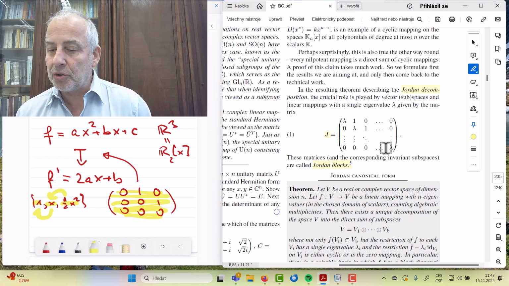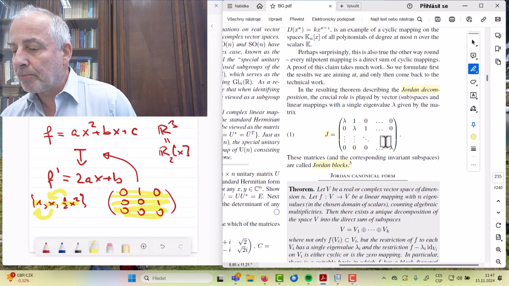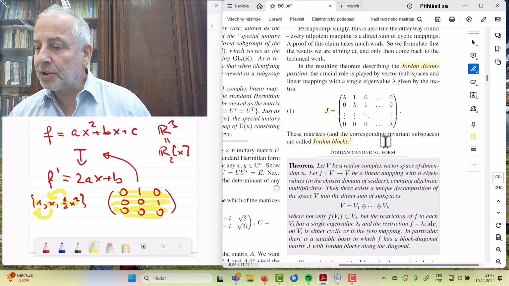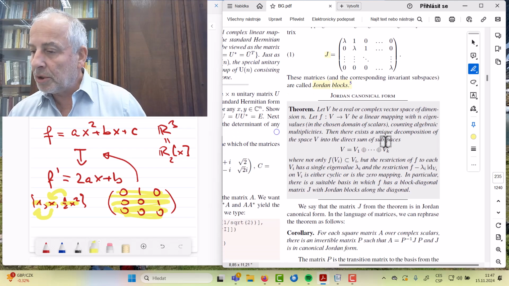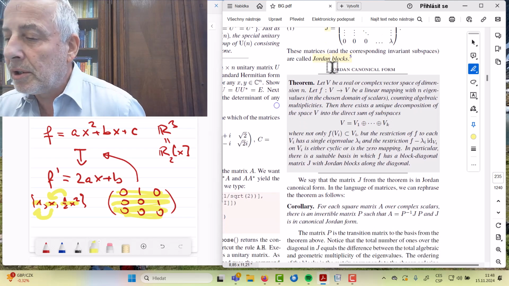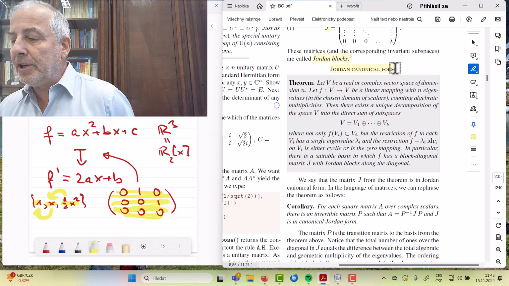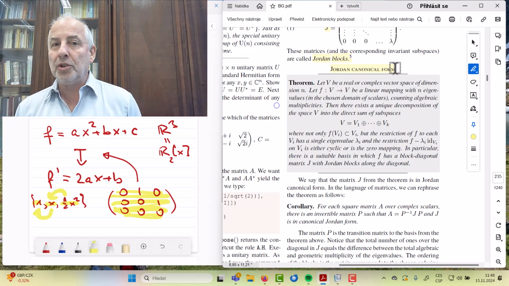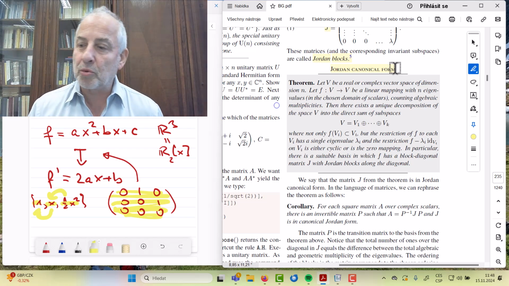So here it was a Jordan block with 0 eigenvalue. Here it's general. And the crucial theorem I want to show you today is this one. It's a theorem which is very easy to understand. It's quite difficult to prove.